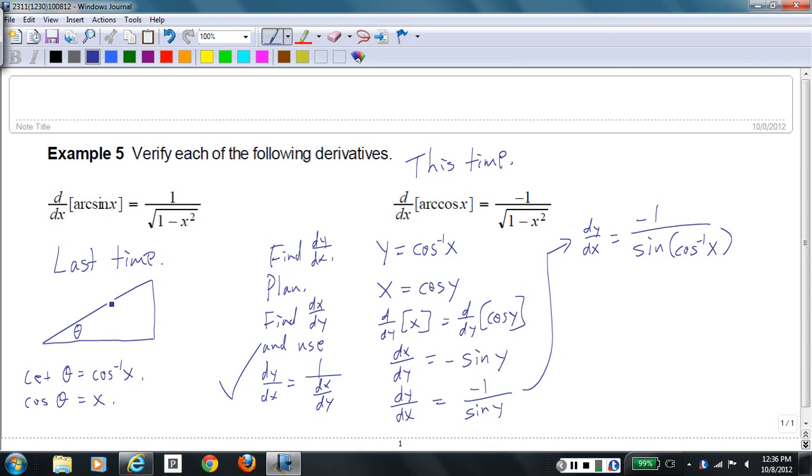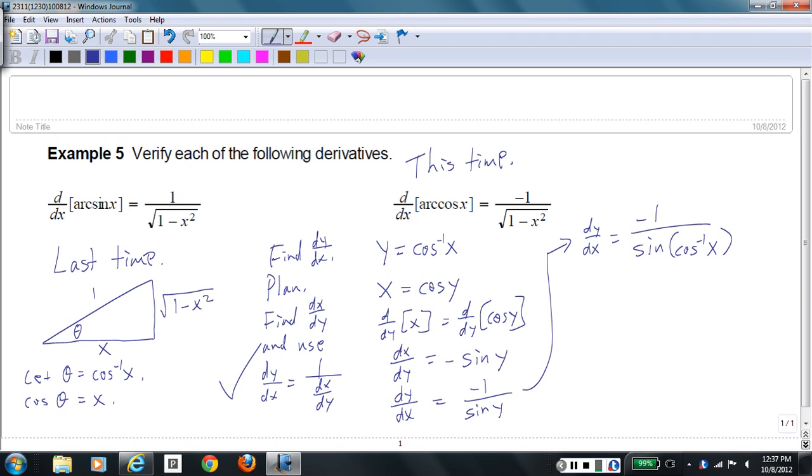I need to write this triangle in such a way that the side adjacent divided by the hypotenuse equals x. Basic right triangle trigonometry gives adjacent over hypotenuse is x, and that's cosine of theta. What is the opposite side in terms of x? Using the Pythagorean theorem, it's the square root of 1 squared minus x squared, or simply 1 minus x squared.